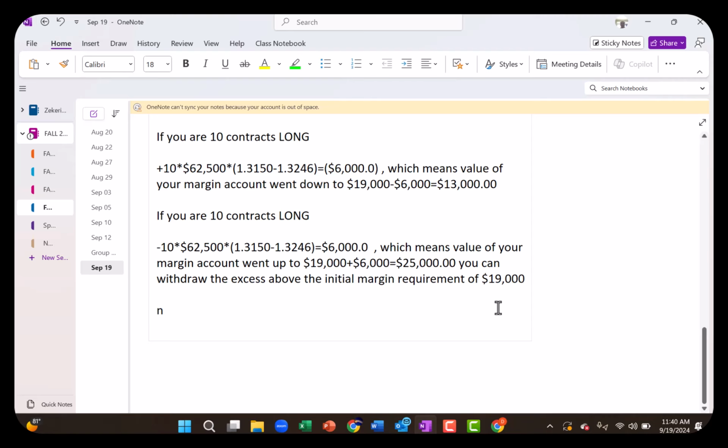But what happens is, next day, the exchange does a reset if you have not closed your position.